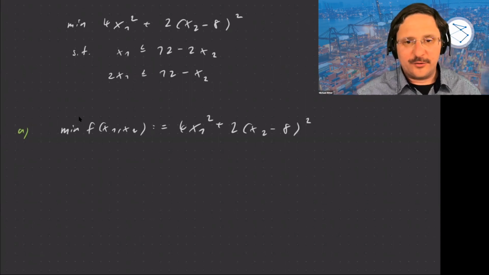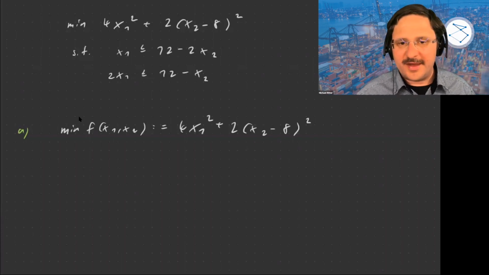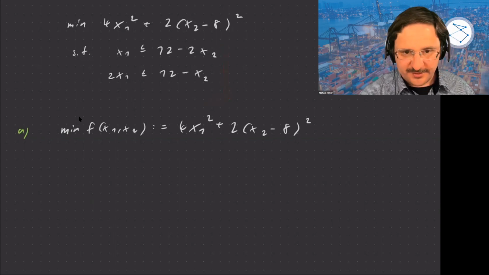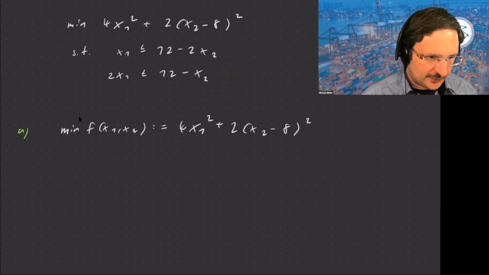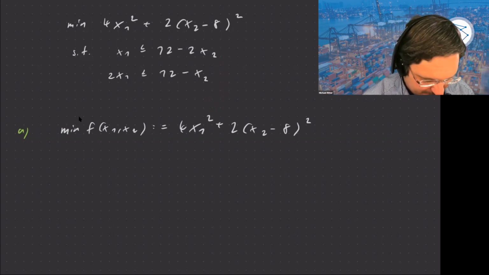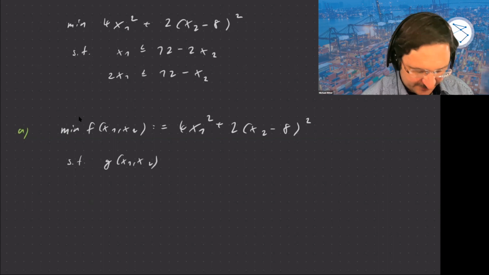And then we need to reformulate the constraints so that they have the form less or equal to 0. We have 2 constraints here. So formally, we need to define a function, g, that also depends on those 2 input variables, x1 and x2.